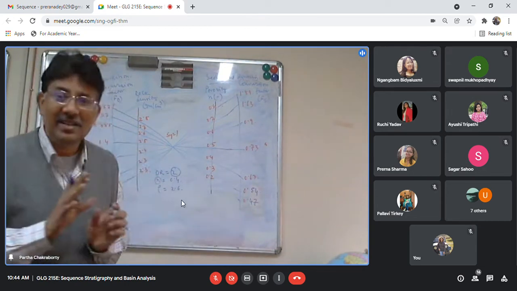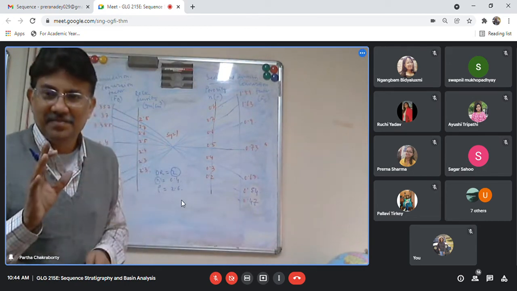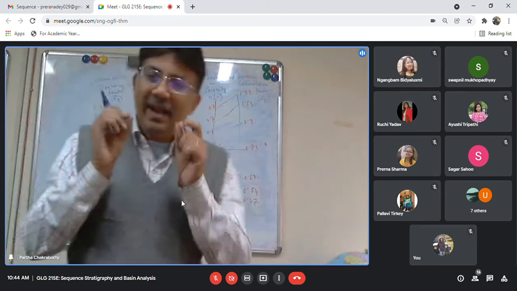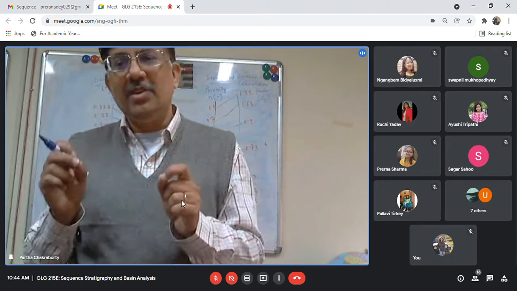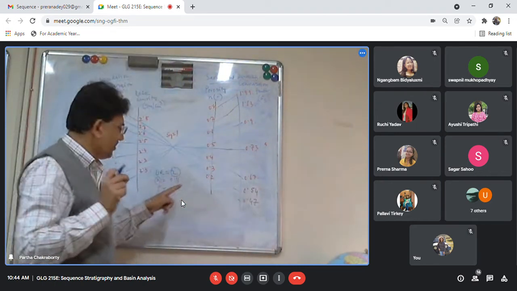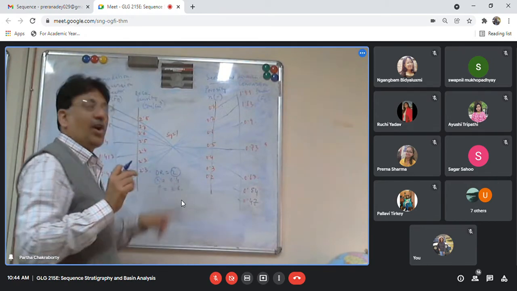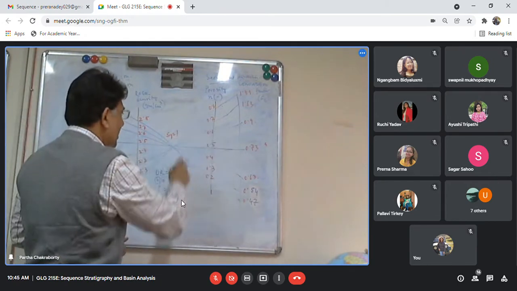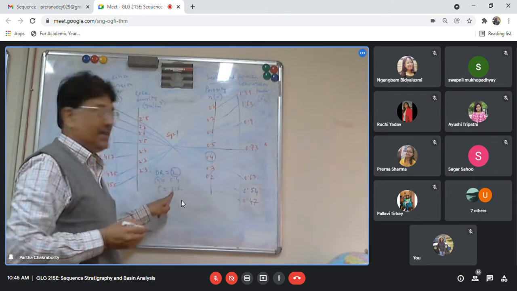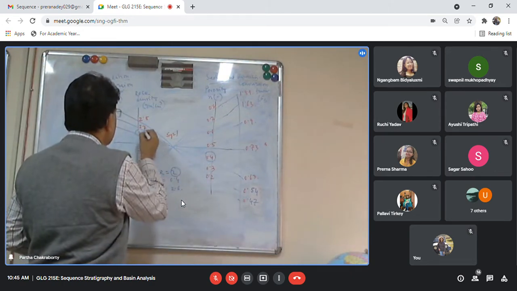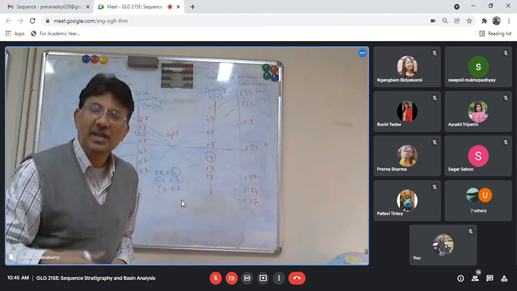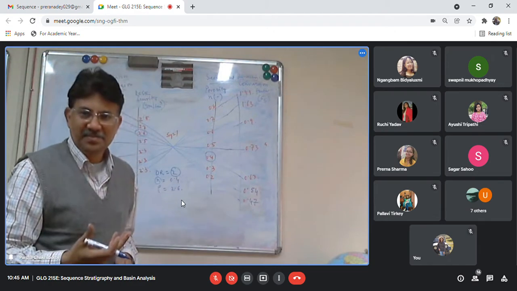What is DR? Denudation rate. Am I clear? Please clarify if something is not clear to you. Denudation rate is 2. The porosity of the deposited sediment here is 0.4, and the density of the denuded rock is 2.6.